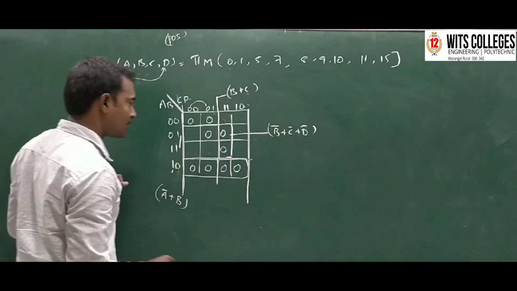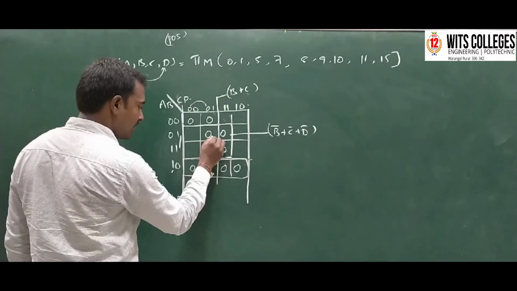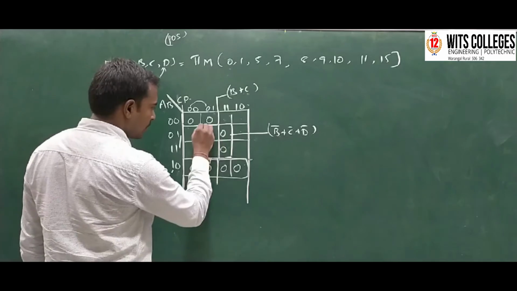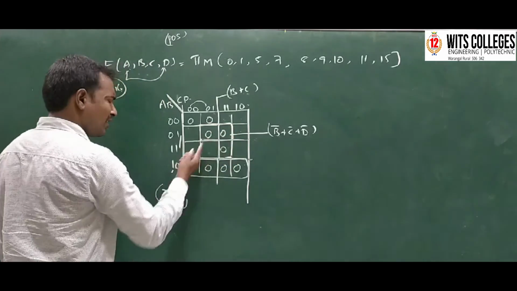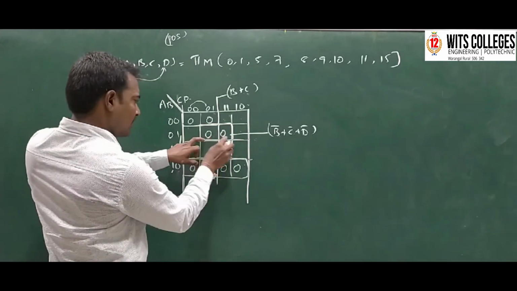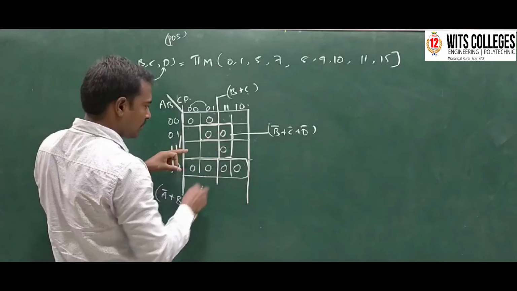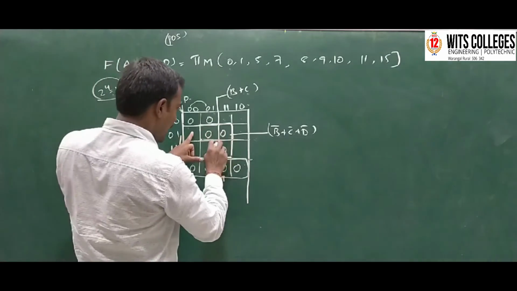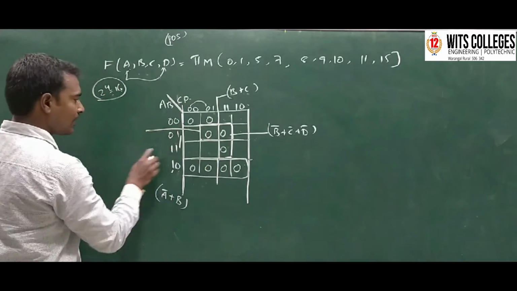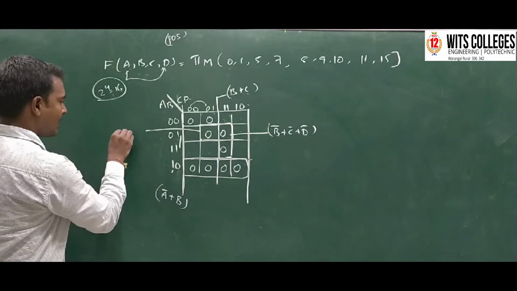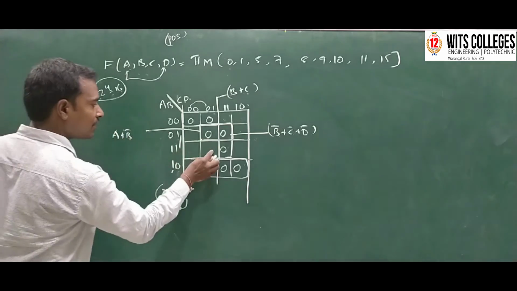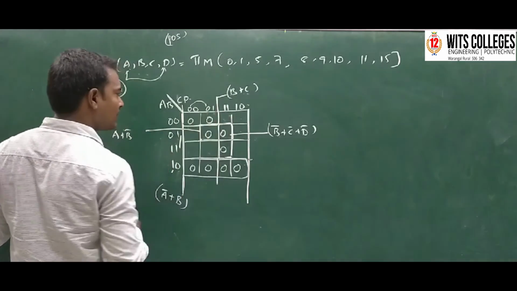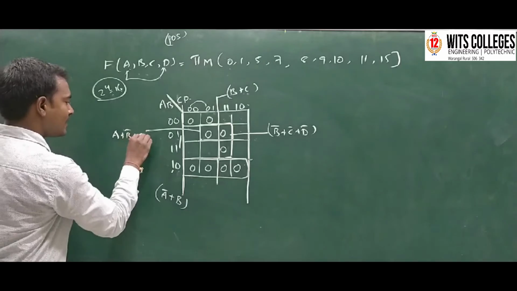Okay, so this is the expression, and here we have another variable, that is 0. We can add these two zeros and these two zeros. Then this side 0 1, that is a plus b bar, and for this side 0 1 double 1, 1 is common, so plus d bar.